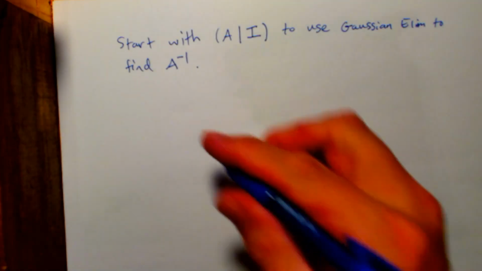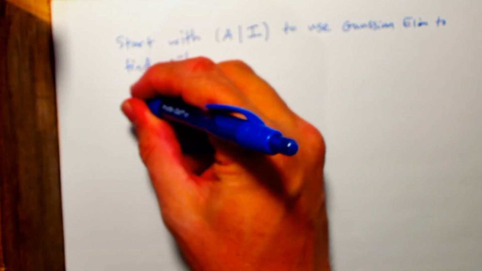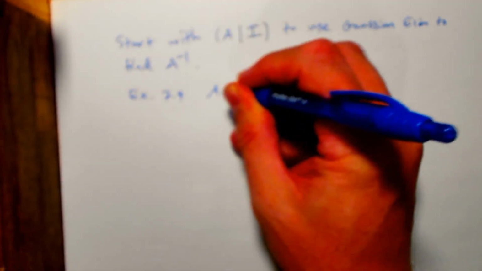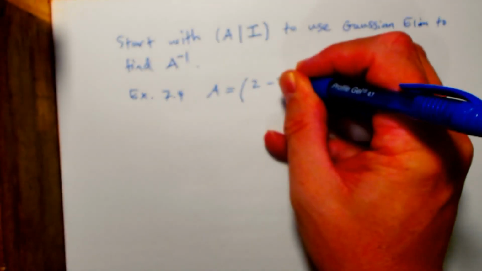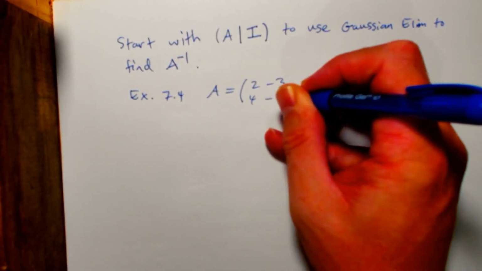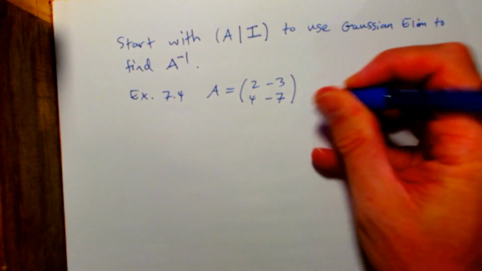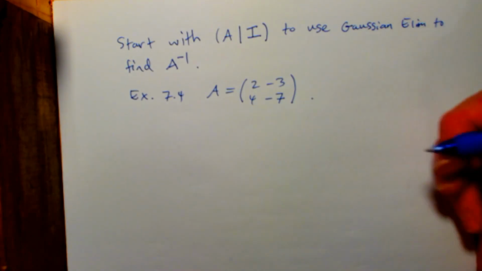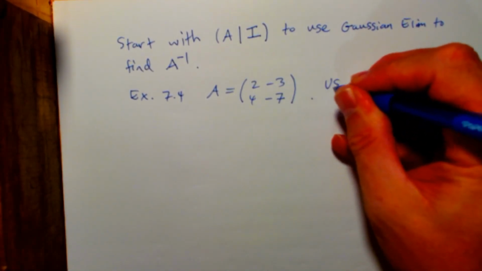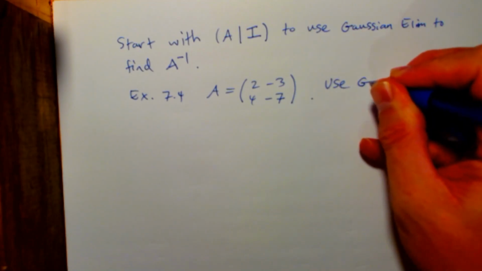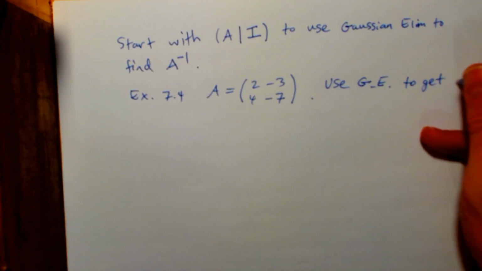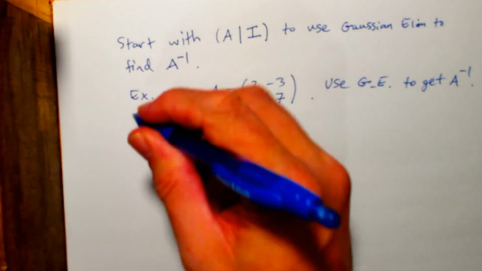Okay, so let's have a look at an example here, which is example 7.4. We've got a matrix A equal to 2, minus 3, 4, minus 7. And we already know how to calculate the inverse of this, but the question here says use Gaussian elimination to get A inverse. But let's just verify.